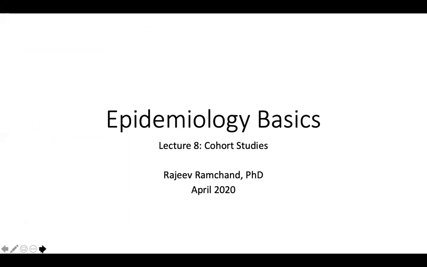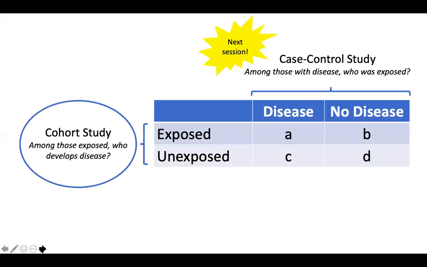It's really fun. So this is about how we start collecting that data to estimate things like risk and the relationship between exposures and the outcomes that we're interested in. And there's two ways that we can do it. One is the cohort study, which I'm going to be talking about today, where we ask the question, among those exposed, who develops disease?